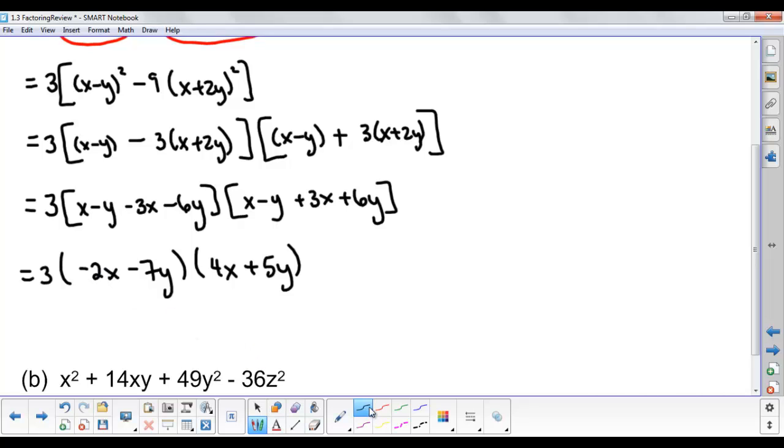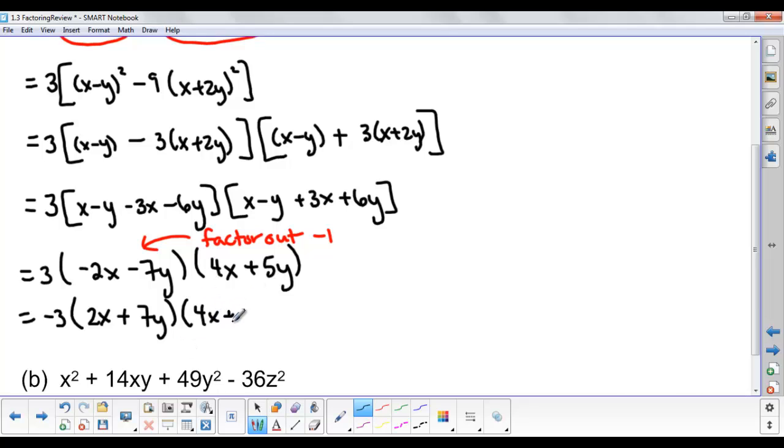So what we're going to do is factor out a negative 1. So basically, we're going to take a negative out of that bracket, which changes the signs just for that bracket. This bracket, we didn't factor out a negative 1. It's going to stay just the way it is. And there we go. That's our final answer.